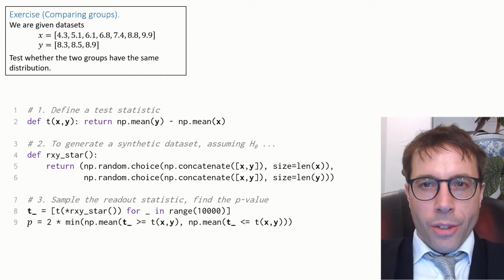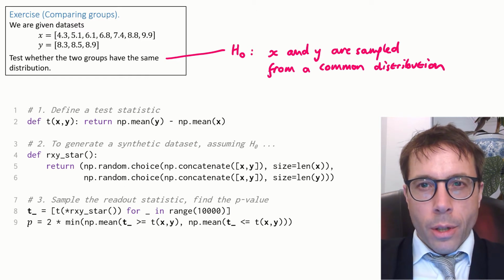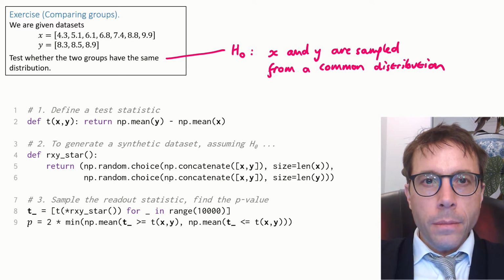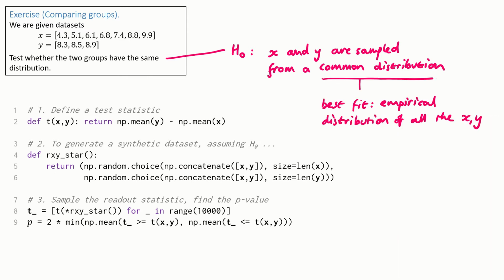So let's think, first of all, what is H0 for this question? The question tells us, test whether the two groups have the same distribution. In other words, it's asking us to test the null hypothesis that there's a common distribution from which X and Y are both sampled. And what's the empirical way to get a perfect fit for that common distribution? Simple.